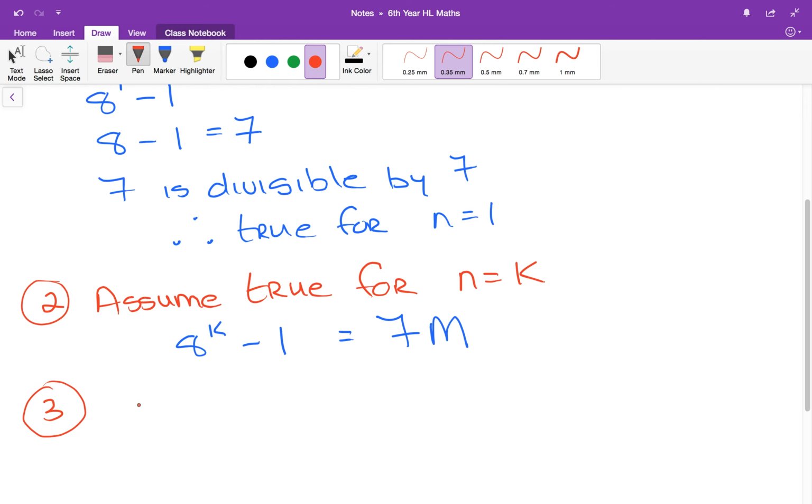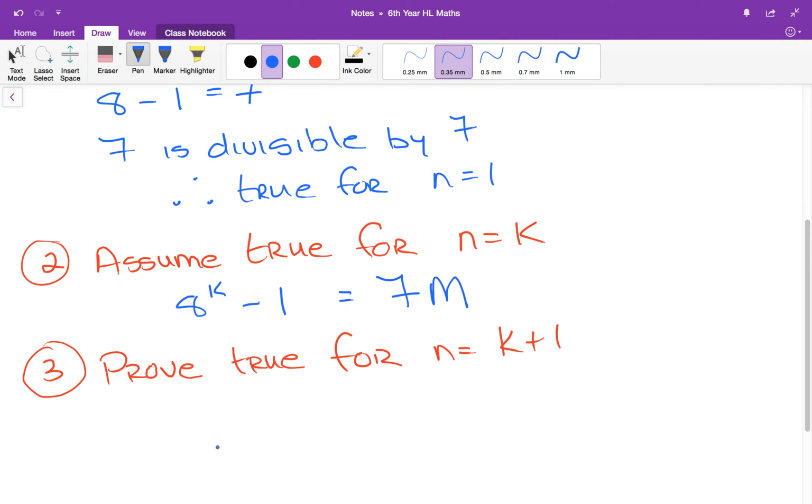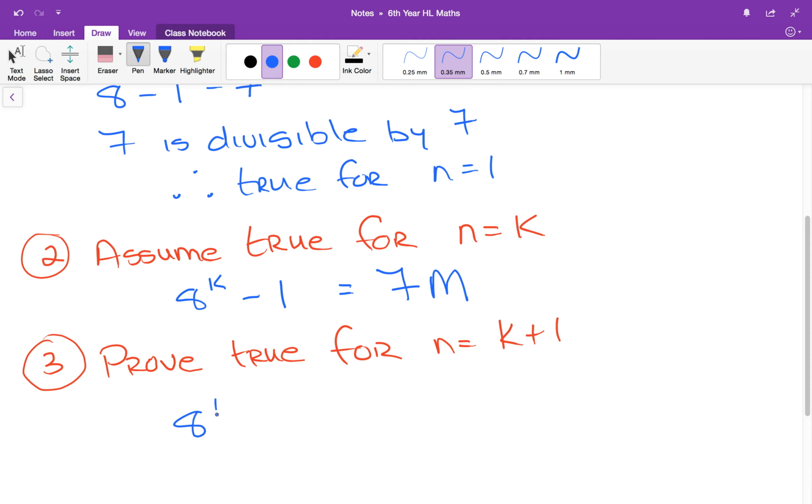That's our assumption. Now we're going to prove that it's true for n equal to k plus 1. So replace k with k plus 1, so it's 8 to the k plus 1 minus 1, and we have to try and prove that that is divisible by 7, so that it is a multiple of 7.